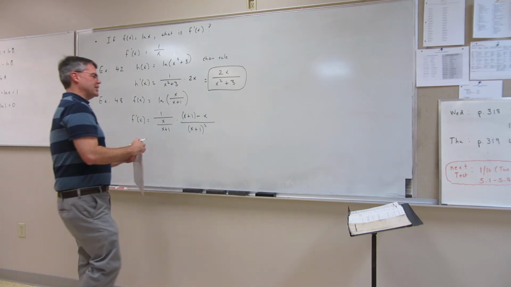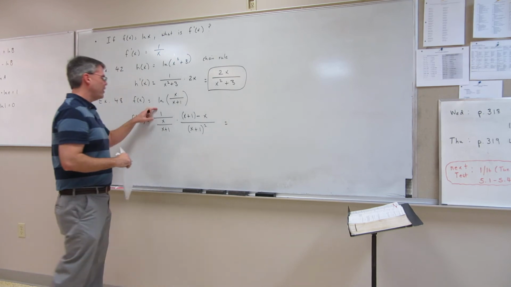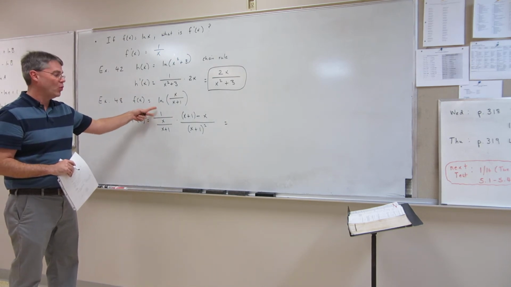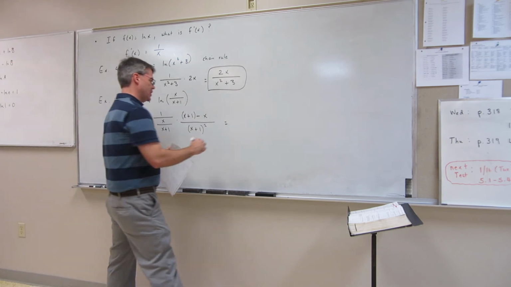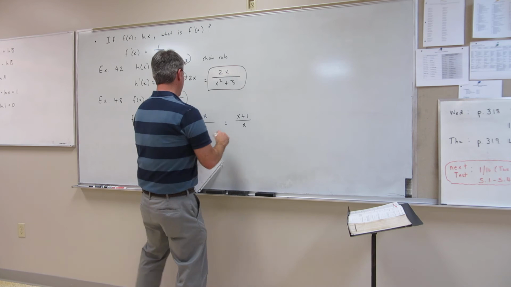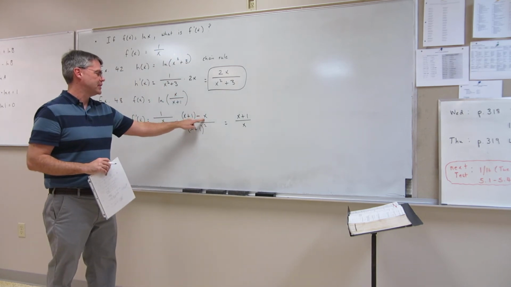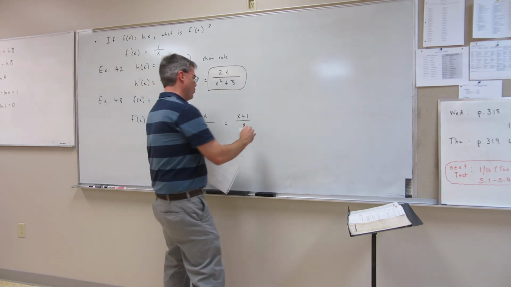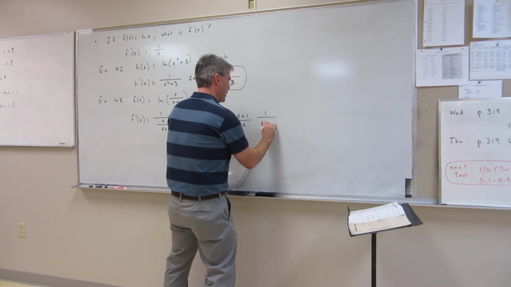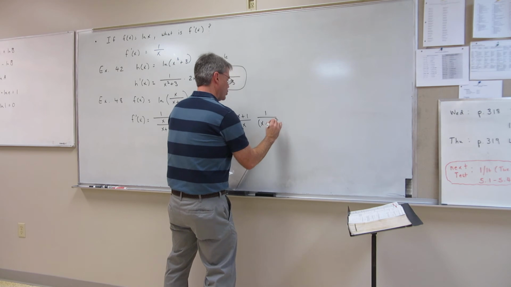Okay, so there's a lot of simplifying to do here. 1 over the fraction, we could just flip that. That's going to be x plus 1 over x times, now x minus x, the x's go away, so it's 1 over x plus 1 all squared.